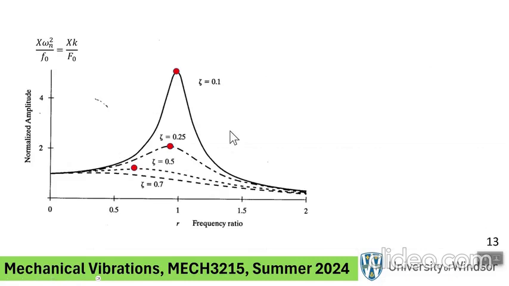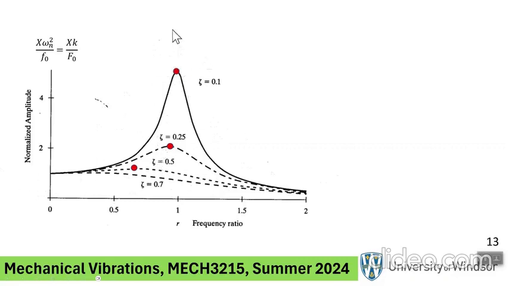Now, a couple of other comments before we do an example. These peak values can actually be worked out. It's just some algebra, because you can write down the expression for M. This is the M function. These are all M functions for different values of zeta.